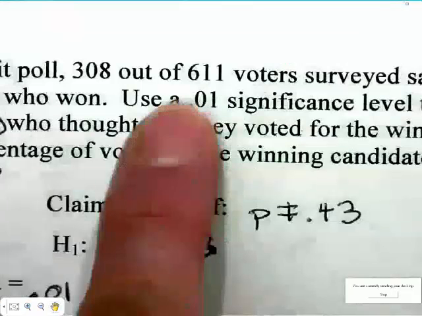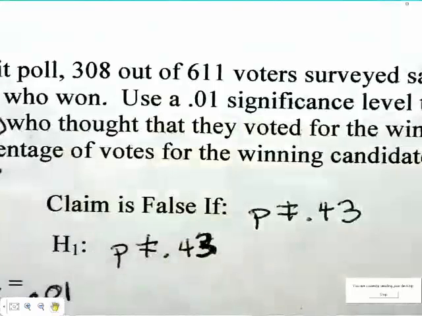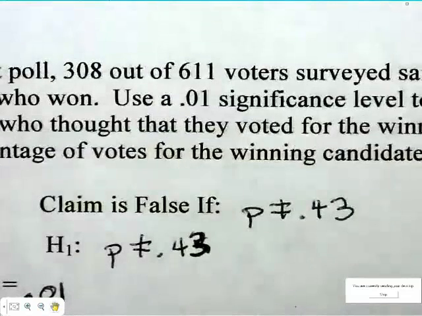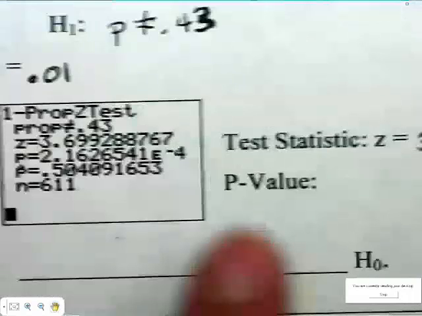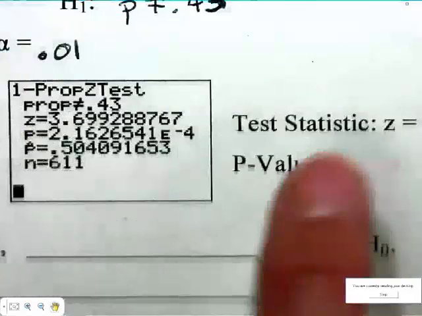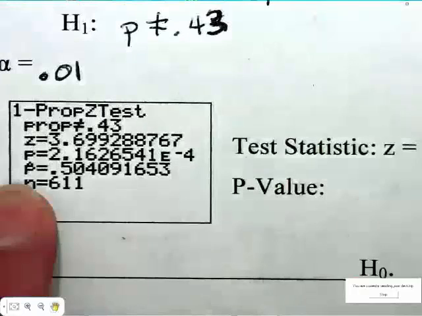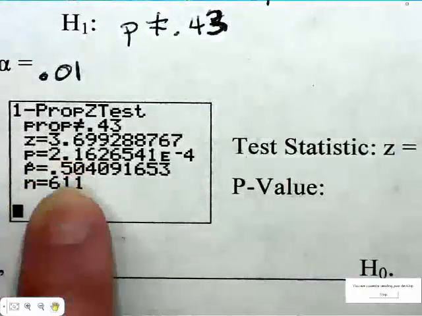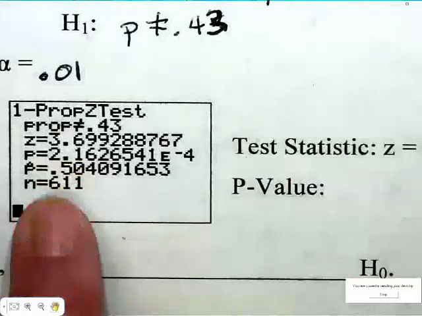308 out of 611 saying they picked the winner is way different than that 50%. So people believed in who they were voting for, or they believed they were voting for the winner. The p-value for that test statistic is, now that's the sample proportion. P-hat is 0.5, means 308 out of 611 is about half.